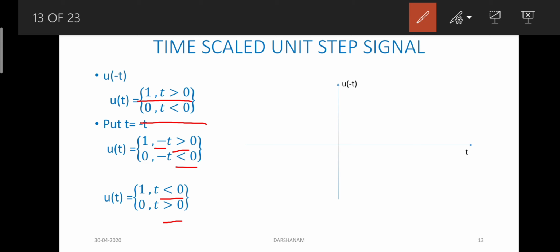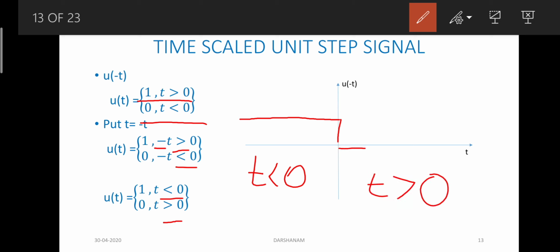By looking at the values, we can draw the graph: it is 1 for the t less than 0 part, and 0 for the t greater than 0 part. So this will be the graph for u of minus t.